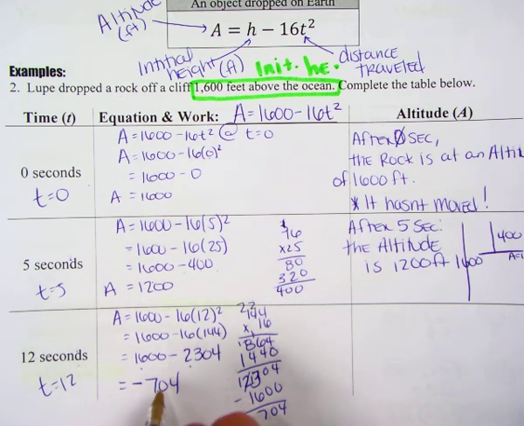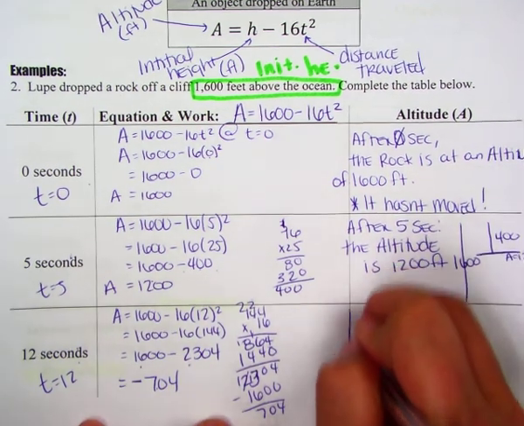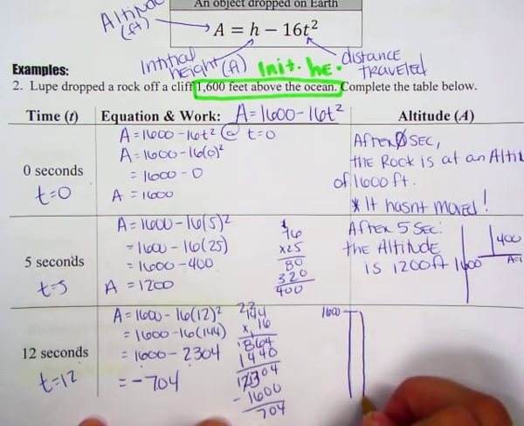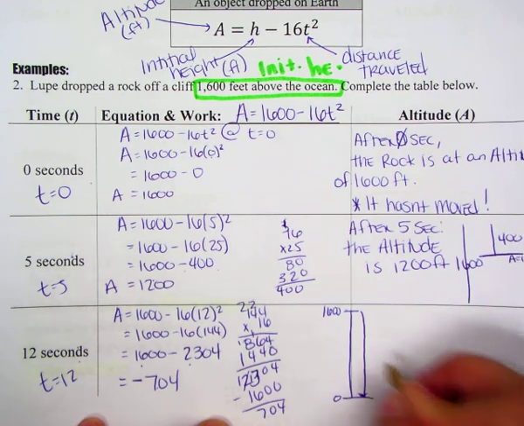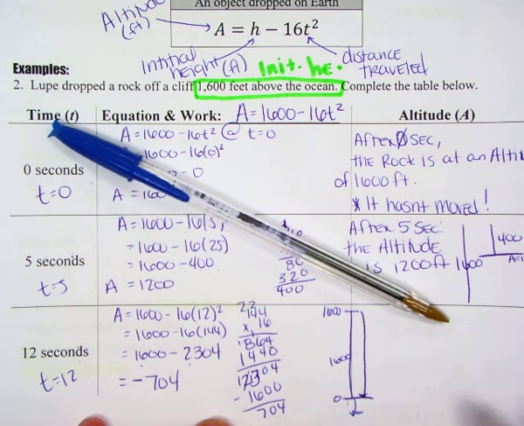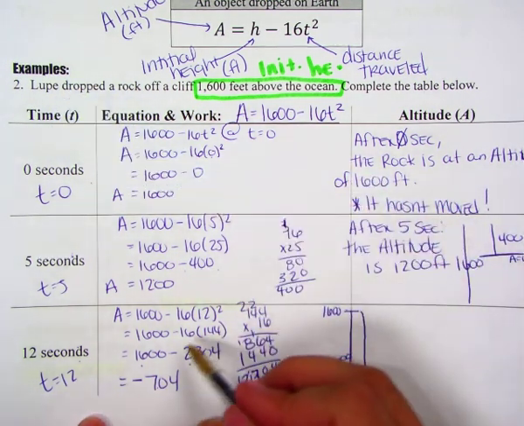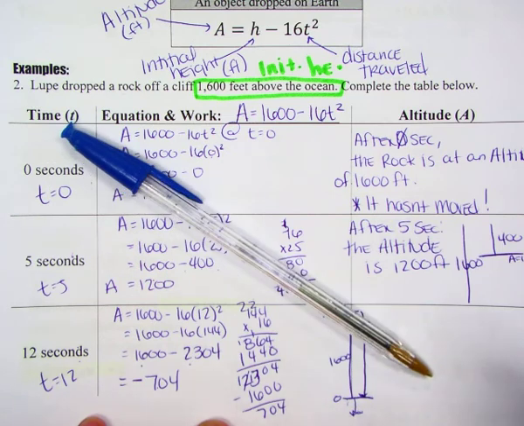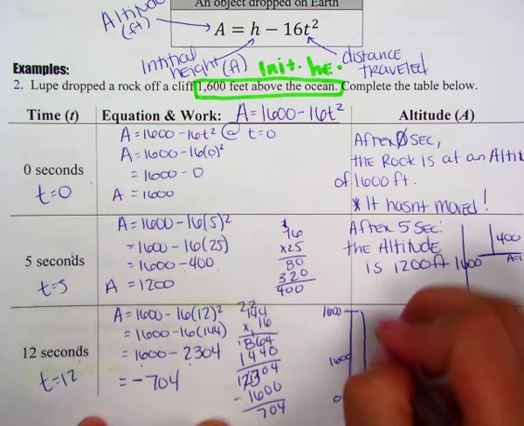That doesn't really make sense, because if it's at an altitude of 1,600, the rock can only fall 1,600 feet. After it hit the ground, it's like it's going underground, and you can't really do that. Once something lands, say like my pen, it's going to land and stay on the ground. So really what this means is that since it's been 12 seconds, the object has already hit the ground.